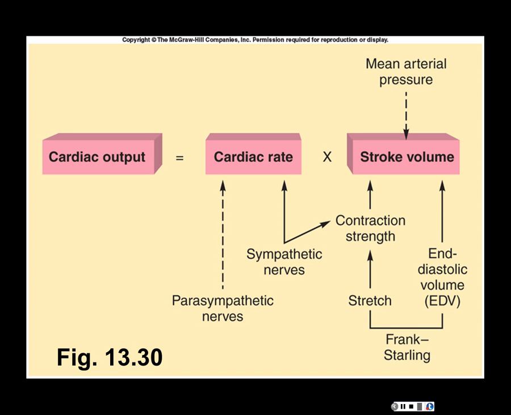So why don't you write here, sympathetic nervous system, at contractile cells, it increases stroke volume. So our sympathetic nerves terminate at our contractile cells to increase contractility, which will influence our stroke volume.